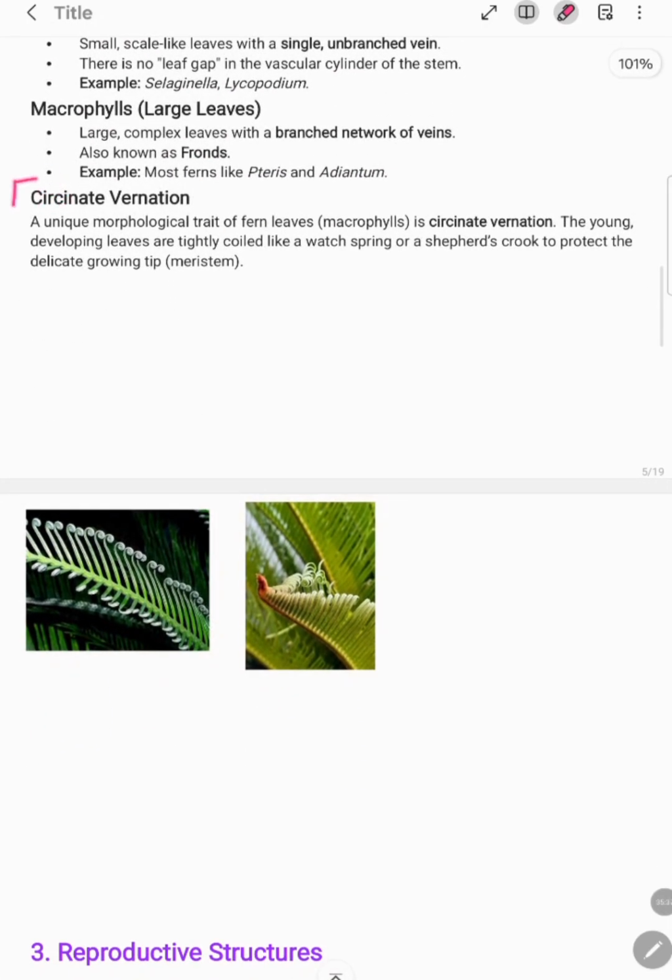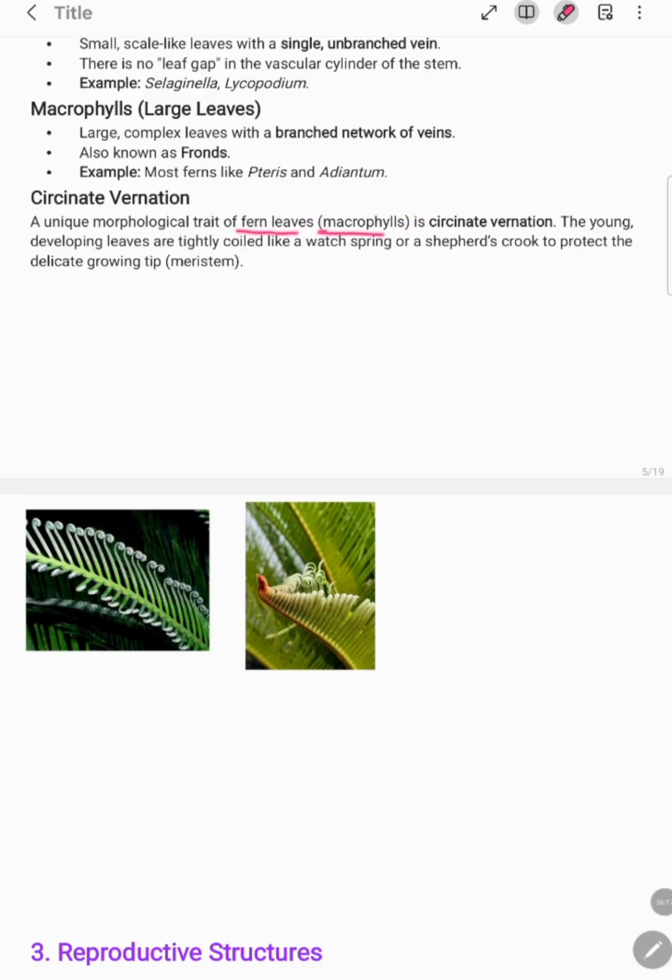Now another important point related to the leaves in pteridophytes is your circinate venation. What does the term circinate venation refer to? See, it is a unique morphological trait. Trait refers to any kind of character. Okay, it is a unique character of fern leaves.